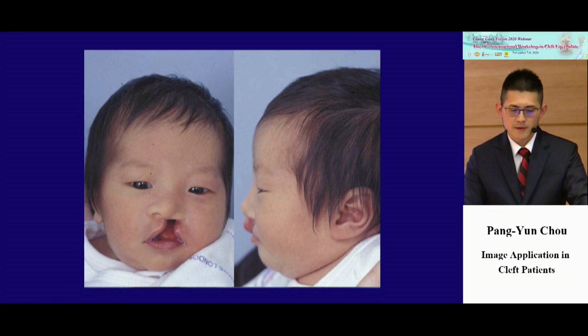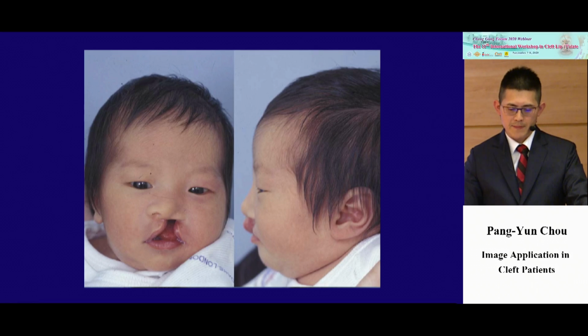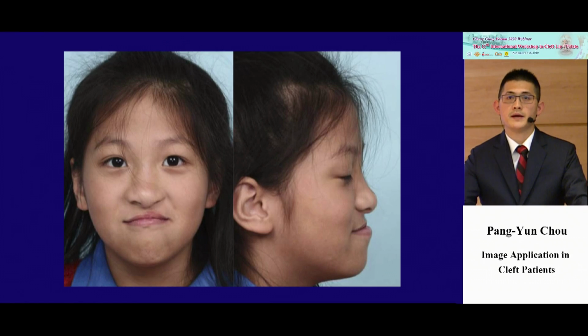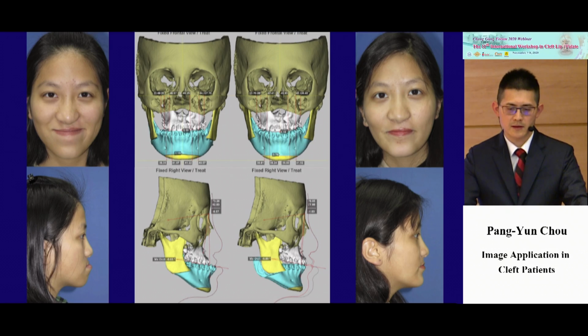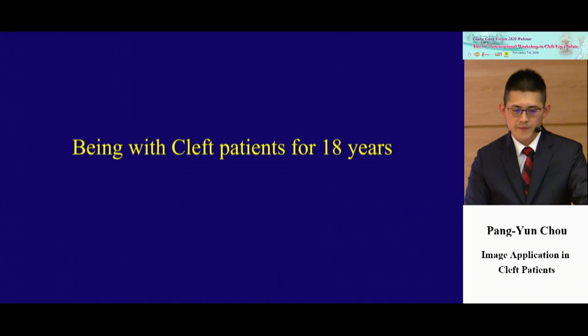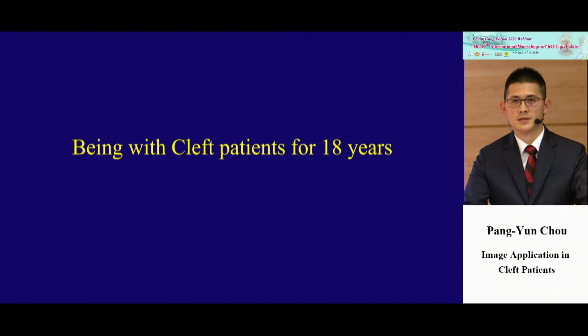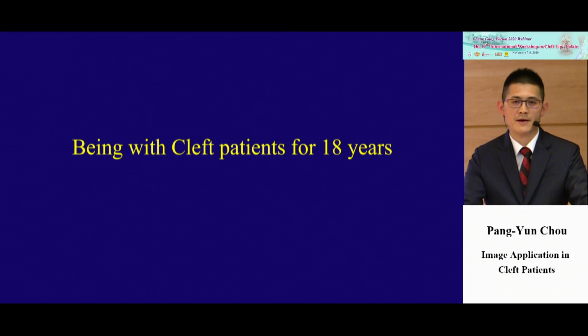Okay, so as for cleft babies, when born, you can see a complete lip and palatal defect. After the patient receives alveolar bone grafting, we can deliver good orthognathic surgery to correct the bony and external facial appearance. So in our center, with cleft patients, we always accompany him or her and the parents for almost 18 years, from birth to adulthood.